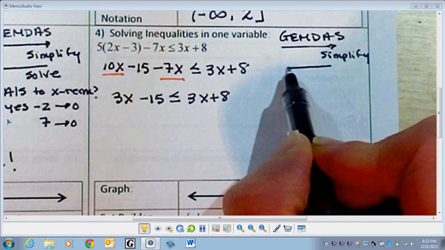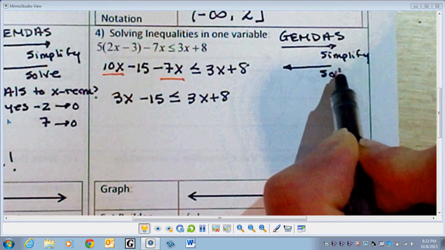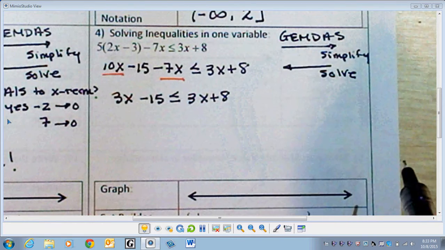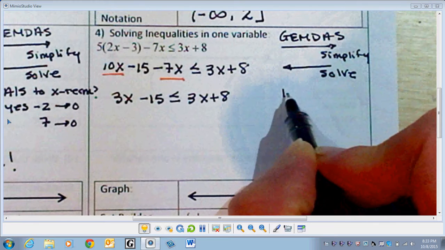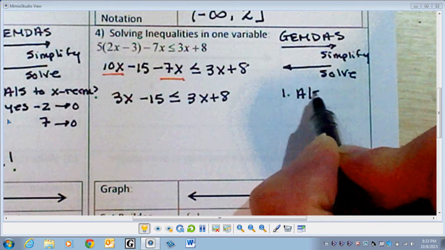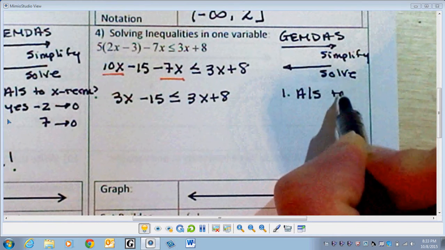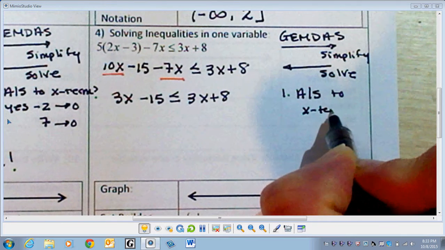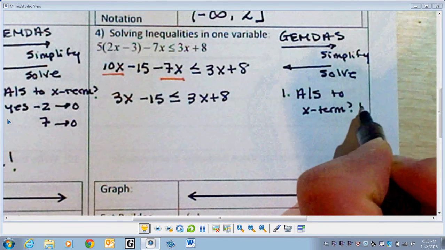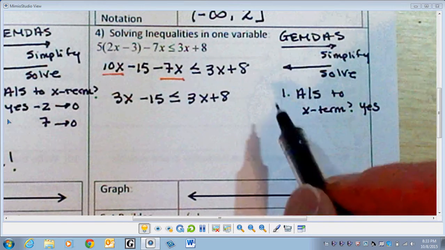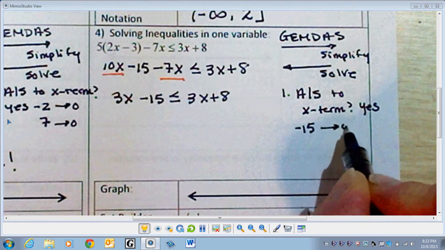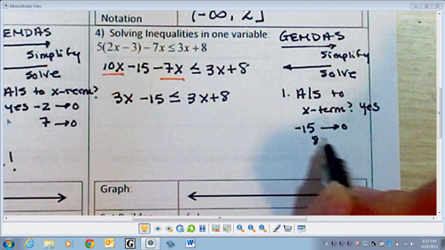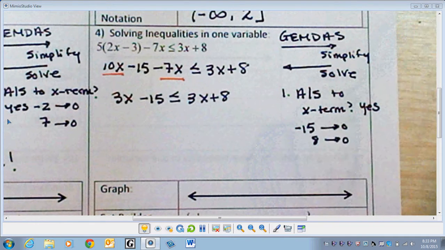So then that means now I'm going to solve. And when I solve, I do GEMDAS backwards. So again, I come to my adding and subtracting. So I ask myself, is anything being added or subtracted to the x term? And the answer is yes. So I have a choice here. I either make this negative 15 turn into a 0, or I make the 8 turn into a 0.